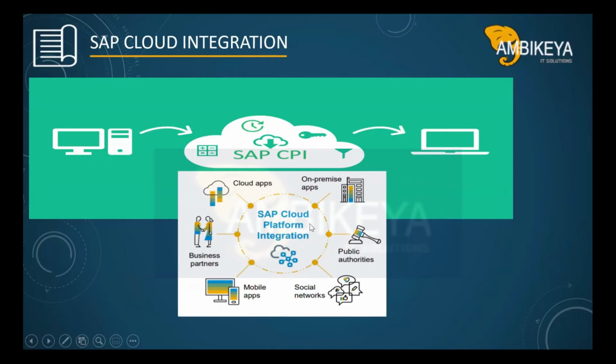It is a pictorial representation that this SAP cloud platform integration can connect with your cloud applications, on-premise applications, public authorities, and social networks like Twitter and Facebook. Also, through CPI you can connect mobile applications and business partners.